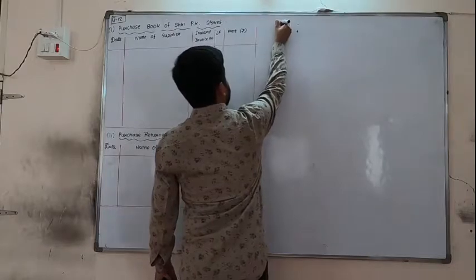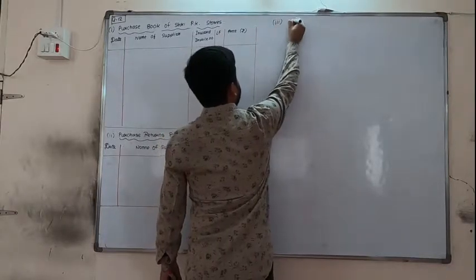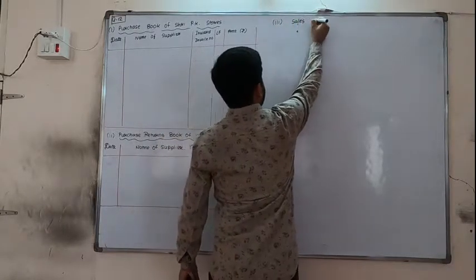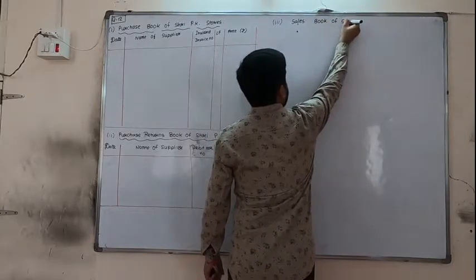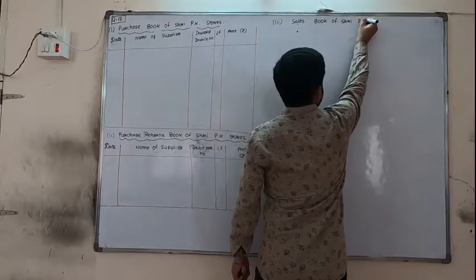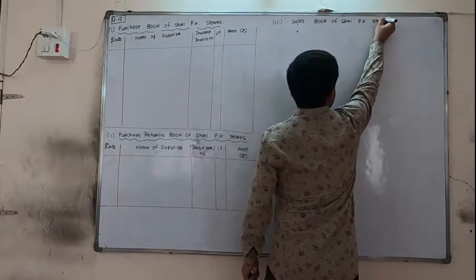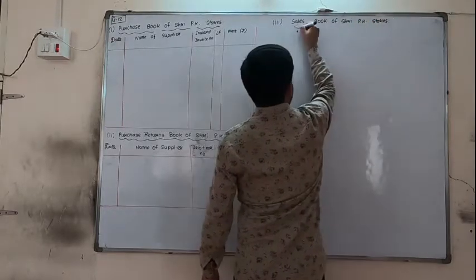Okay. Next you will draw the sales book, number 3. Sales book of Shri PK Stores.